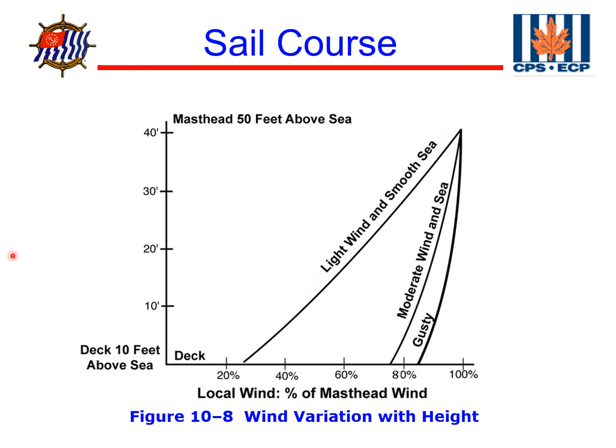So in light air days, we need to put more twist in the sail to allow for this variance. In heavy air days, when we're overpowered, we might also put twist in the sail to spill wind out of the top of the sails, which would then reduce the heeling forces.